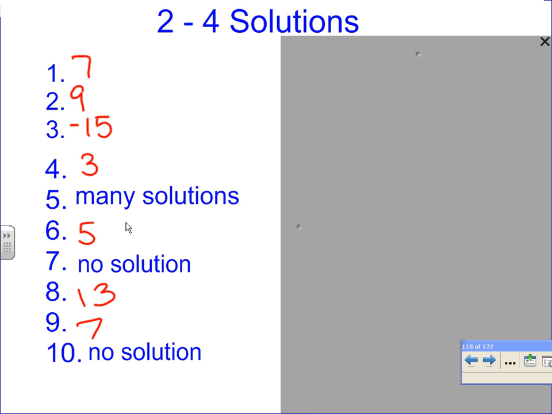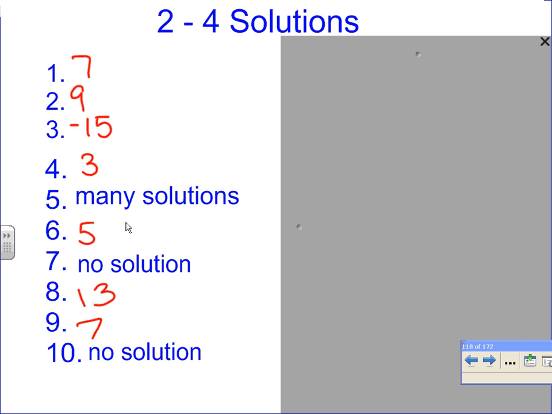Okay, number 1 is 7. Number 2 is 9. Number 3 is -15. Number 4 is 3. Number 5 is many solutions. Number 6 is 5. Number 7 is no solution. Number 8 is 13. Number 9 is 7.